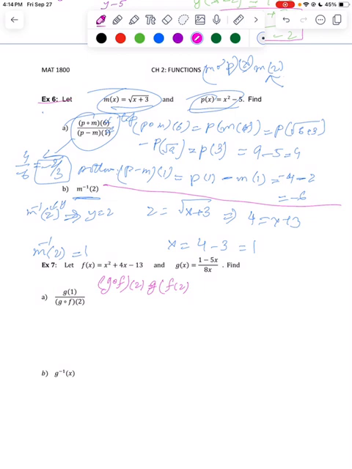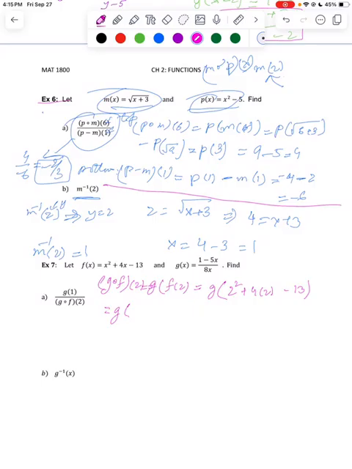So it will be g of, so what do I do? I plug in 2 in f. So I'm going to just write it there. So I get 2 squared plus 4 times 2 minus 13, which is equal to g of 4 plus 4 is 8. 4 plus 8 is 12 and minus 13.